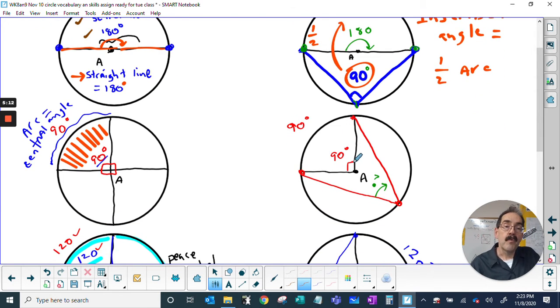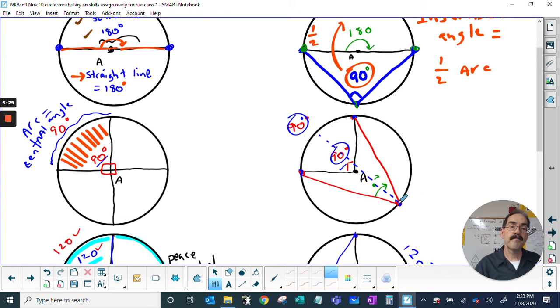I drew one. We have the 90, and I think we all agree this is a 90-degree angle, and we have a 90-degree arc. Well, what if I connect the endpoints and I connect it down here, split it?